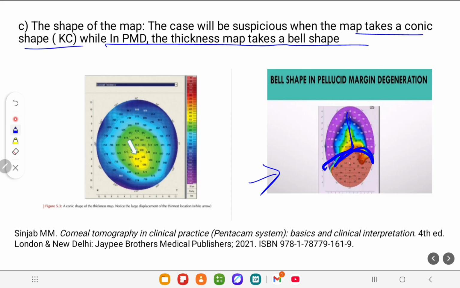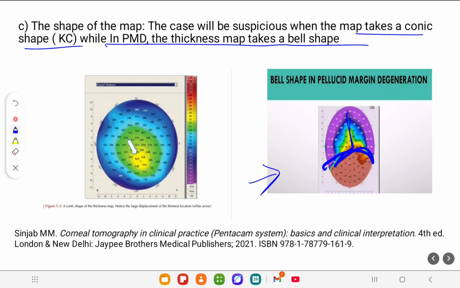Many of the keratoconus patients I have seen, out of 10, one has a crab claw pattern. It's very common in keratoconus. Sometimes people call it pellucid-like keratoconus.